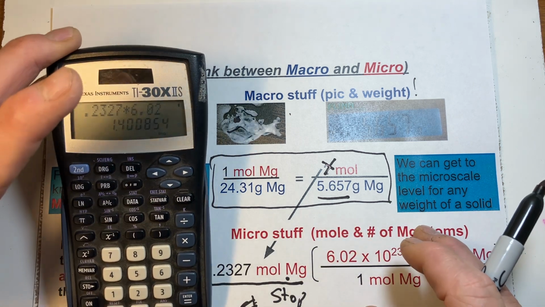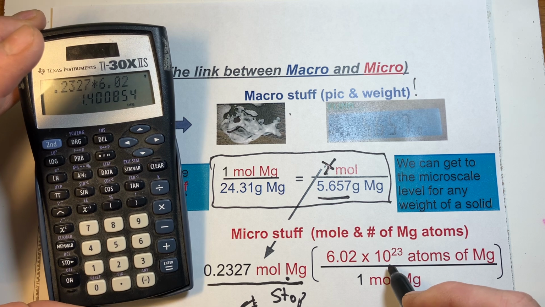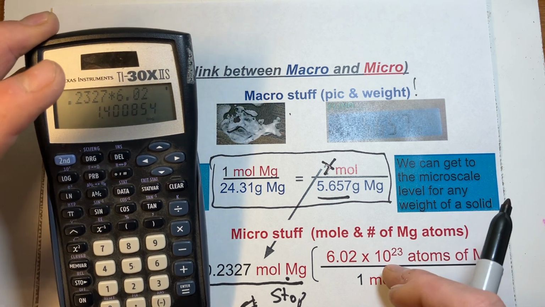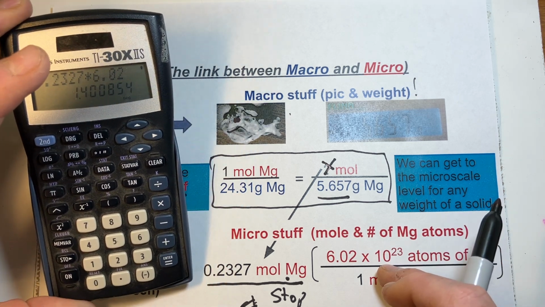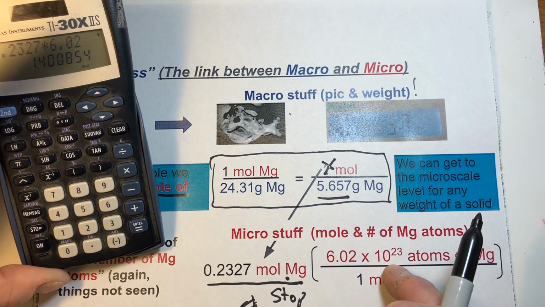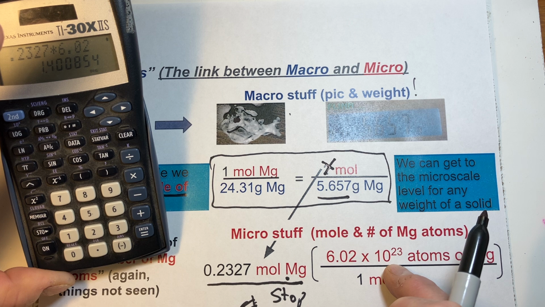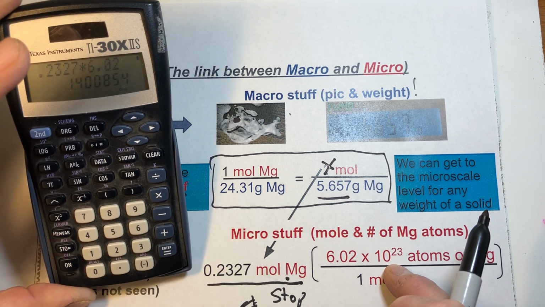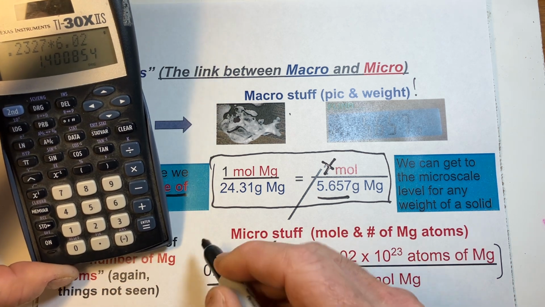I'm just going to leave it at that. I'm not going to multiply by the 10 to the 23rd or use it in scientific notation. If I just do this times this and leave this out, I get 1.401, because that's what we get.